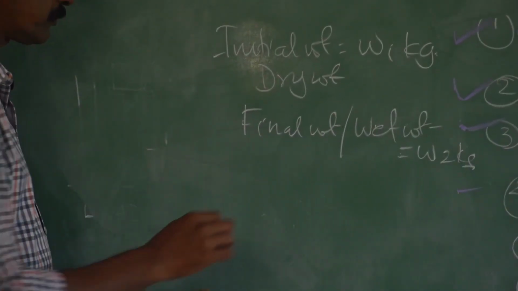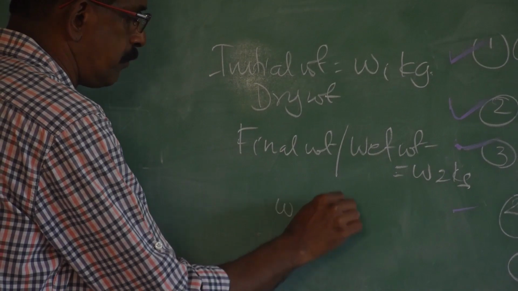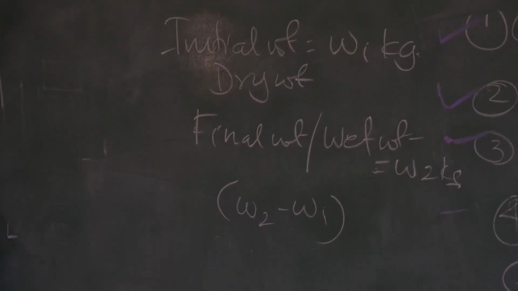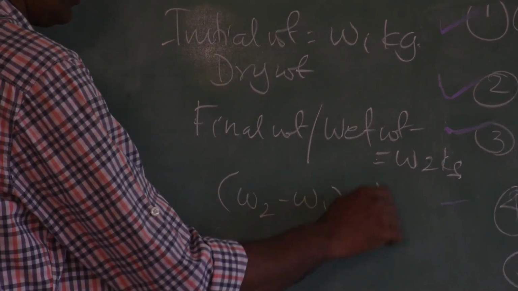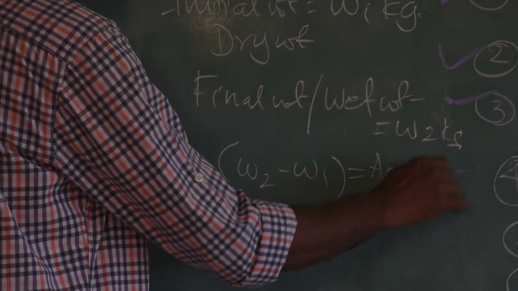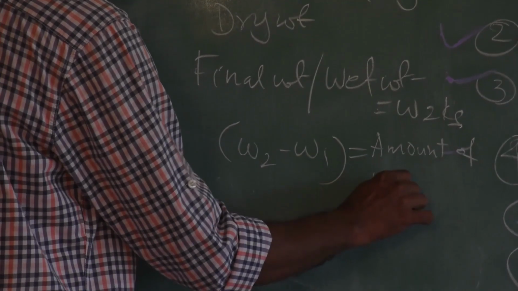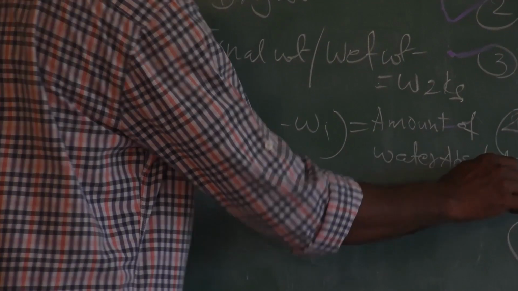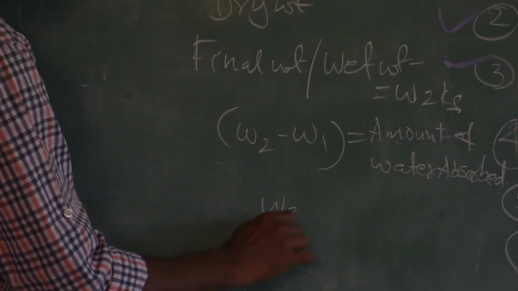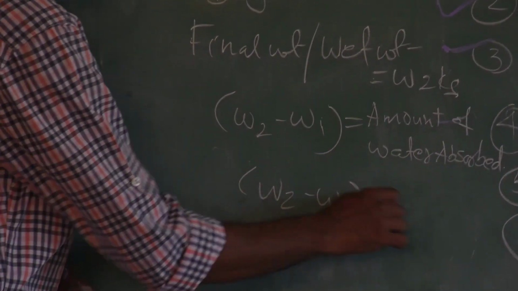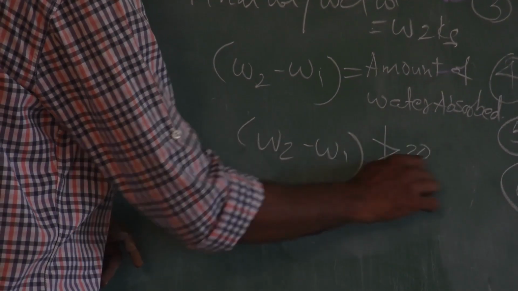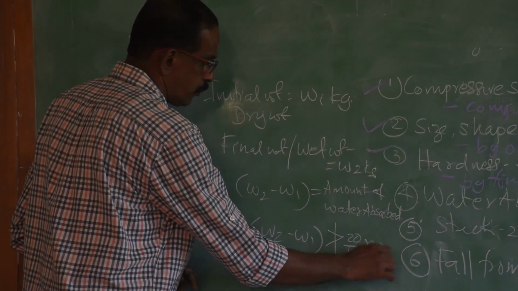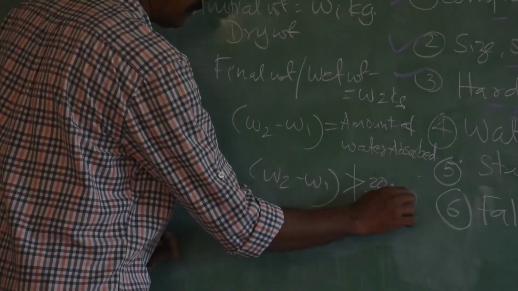Then what is W2 minus W1? That is the amount of water absorbed. As per the condition, W2 minus W1 should not be greater than 20 by 100 of the initial weight, that is W1.